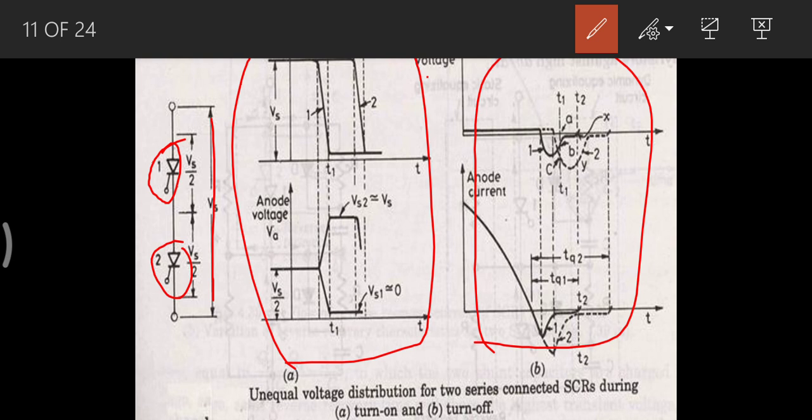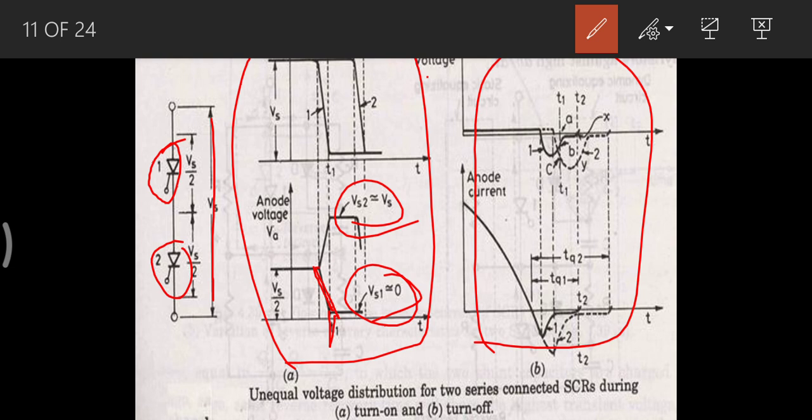If you observe this diagram, at time T1 the voltage across SCR1 becomes 0, and the voltage across SCR2 becomes equal to the string voltage.